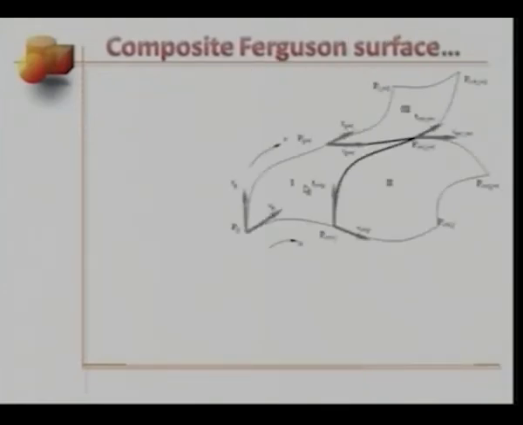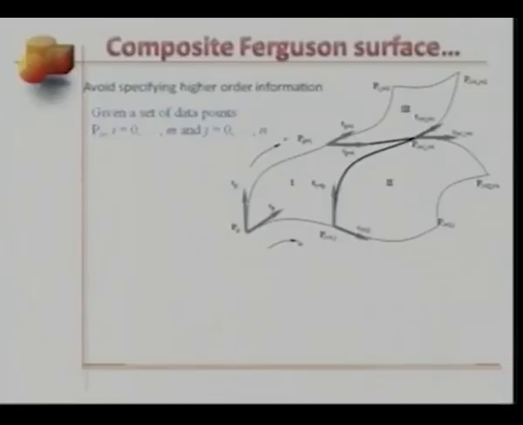The same diagram here. Let's say we would want to avoid specifying higher order information. Let's work with a given set of data points Pij, where index i goes from 0 to m and index j goes from 0 to n.